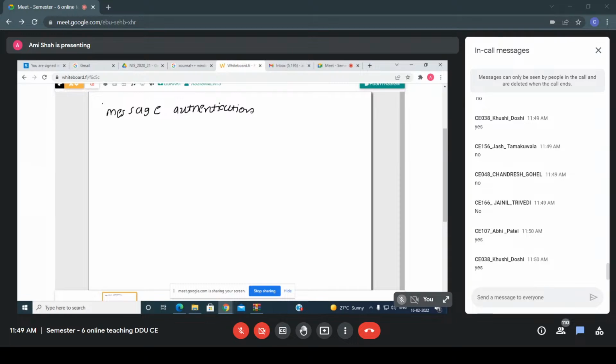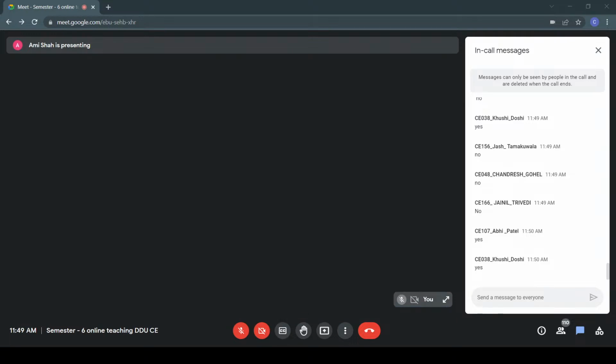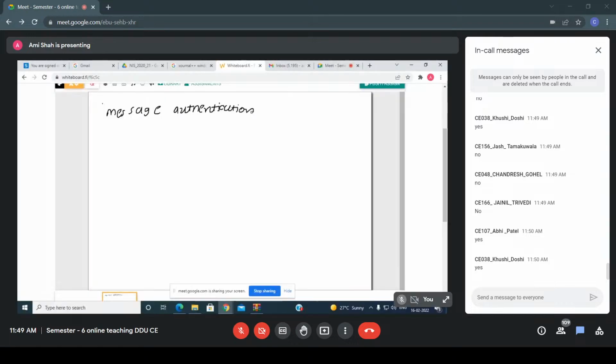Again, message authentication means if Alice is sending a message to Bob, Bob has to ensure the message is coming from Alice, and this is known as authentication. It's not coming from a third party or cryptanalyst. So for that, one way is a symmetric key setup, where both Alice and Bob agree on a common key.